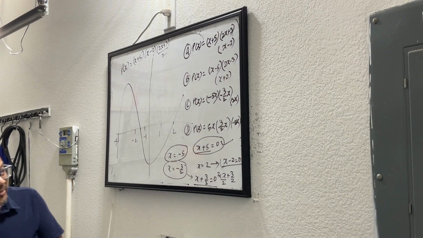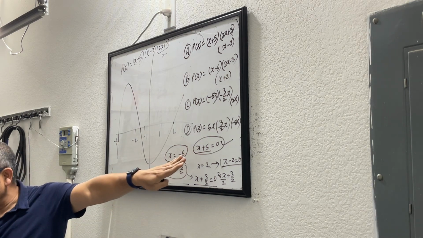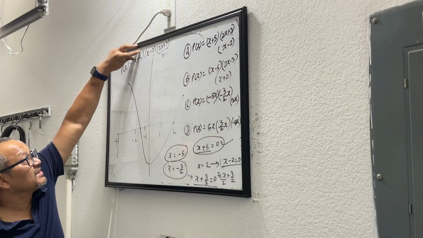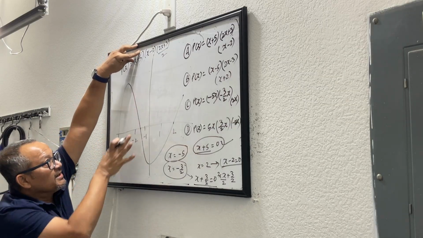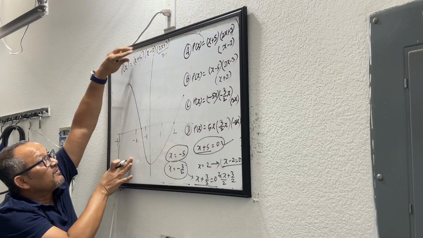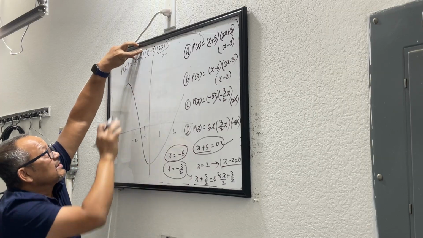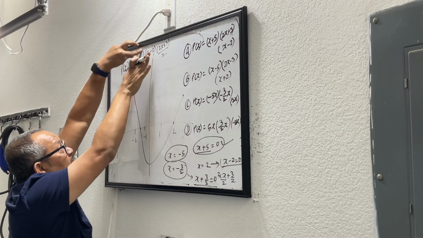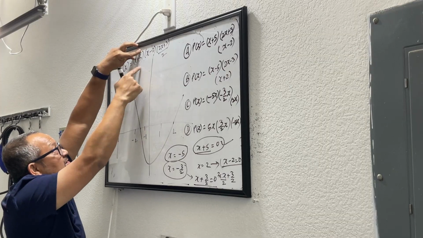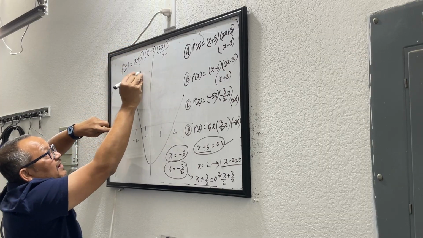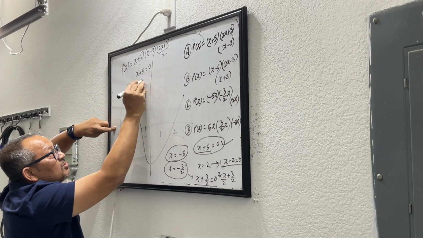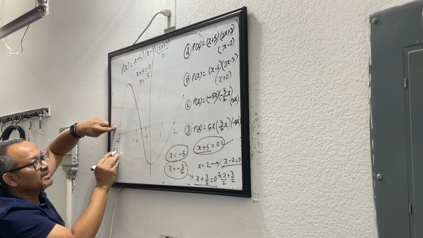Now why am I leaving it like that? If you relate this equation that we have got with this graph, what is happening? When x plus 5 is equal to 0, that is when this polynomial could become 0. Now x plus 5 is 0, meaning x is equal to -5, which matches with this point.